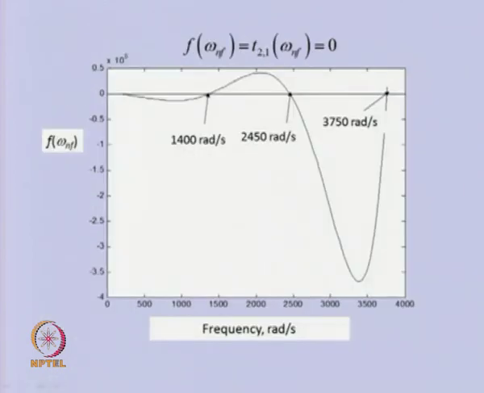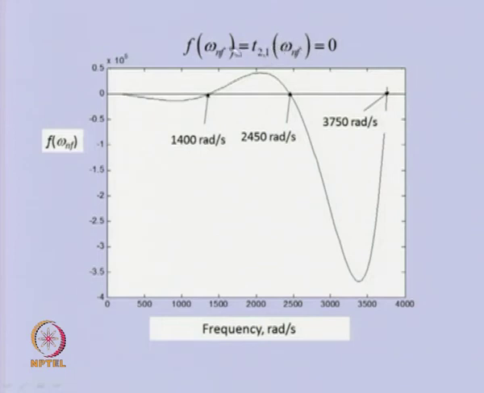So, for that case, once we have the overall transfer matrix, its second row and first column component will give this as the frequency equation.